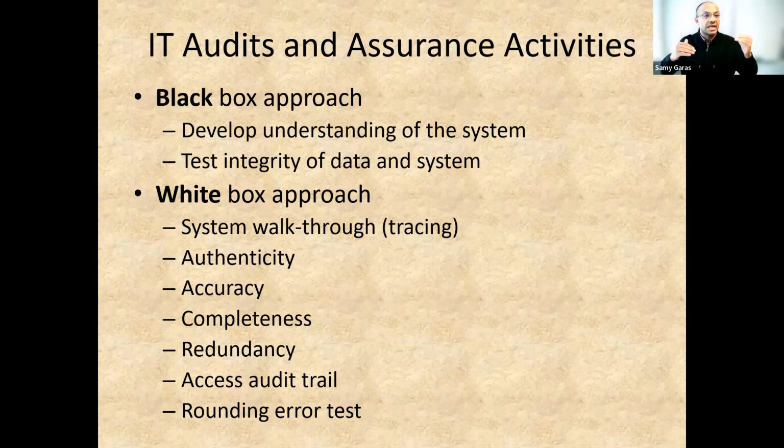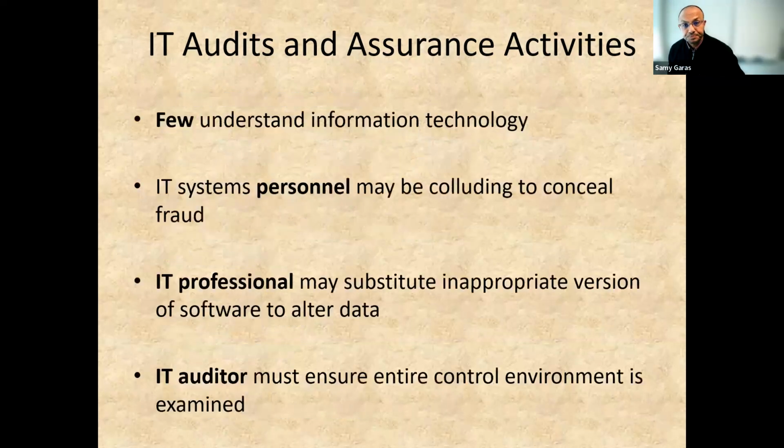So the audit trail goes both ways, from the system to the document and from the document to the system. And then we check the rounding error testing, to see if there is some kind of rounding that happens to the numbers or not. So this is what we do with the data, the black box and the white box.